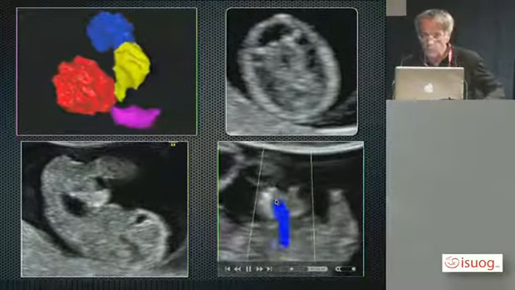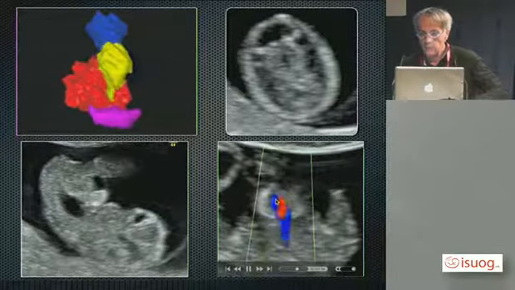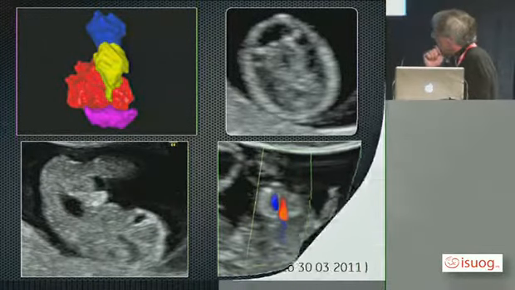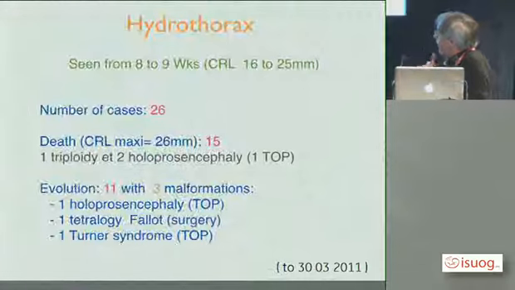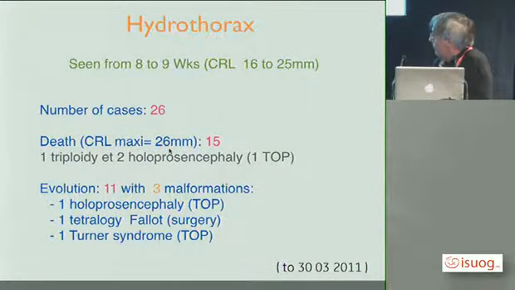So what to do when you have hydrothorax in the early stage? I have had 26 cases with death of the embryo in 15 cases. One was a triploidy, 2 holoprosencephaly, and one of the holoprosencephaly was a termination of pregnancy, because after the diagnosis at 9 weeks of pregnancy, we did termination of pregnancy.